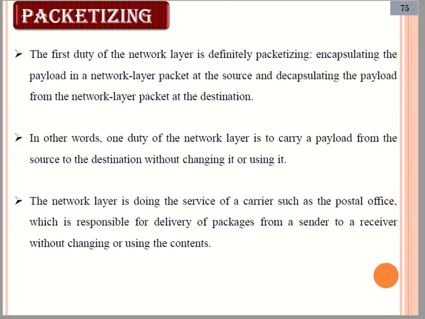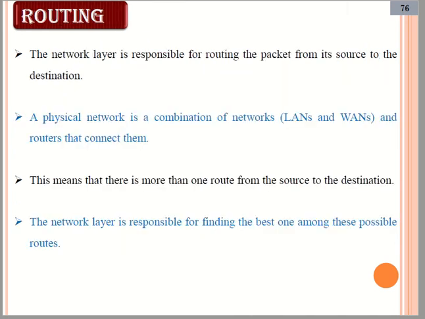If it is fragmented, arrange it, then give it back to the transport layer at the destination. So when the packetizing is done, the next work is routing the packet and forwarding the packet to the destination. So the next one we call routing.